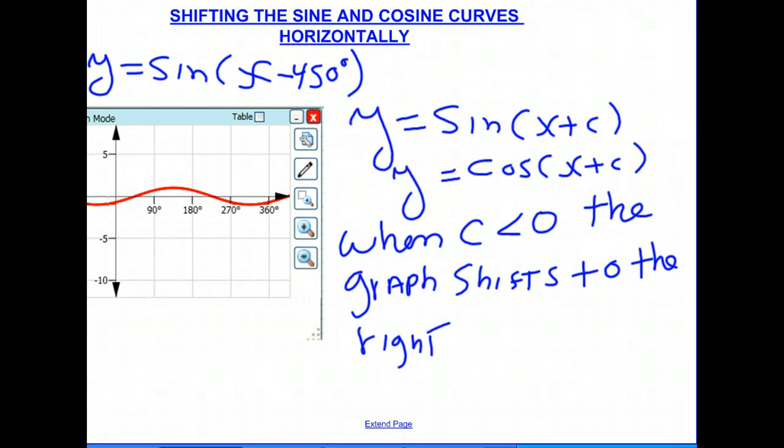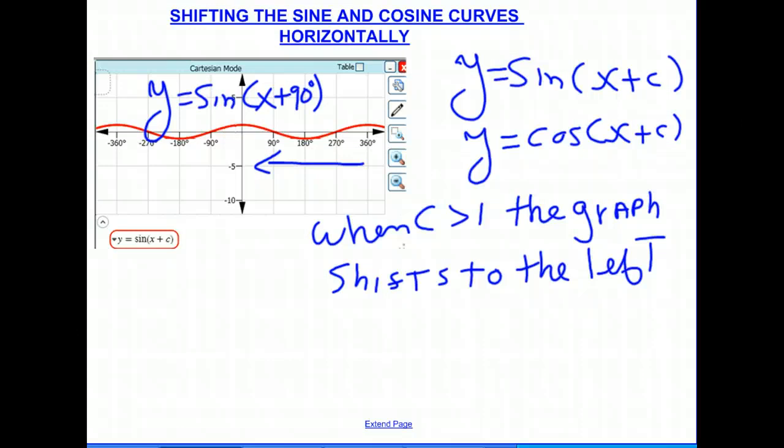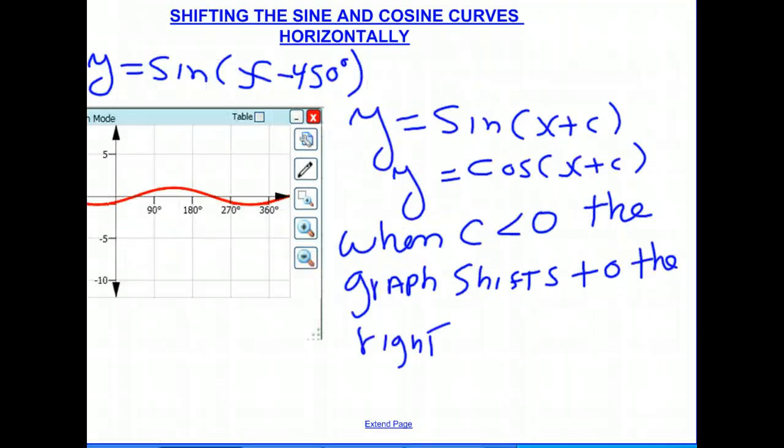And we should make one correction. In the previous example, we did not mean that when c is greater than 1. We meant when c is greater than 0. So let's just fix that. In other words, when c is a positive number, the graph shifts to the left. But when c is a negative number, the graph shifts to the right.